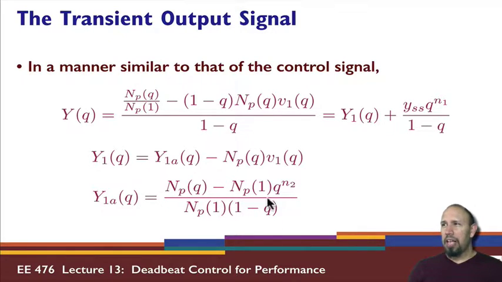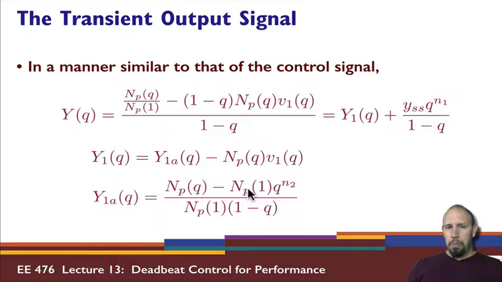It may not look like a polynomial, but remember, if q is equal to 1, then this just becomes np of 1, this becomes 1, and the two subtract, leaving 0, which means 1 minus q is a factor of this polynomial in the numerator.